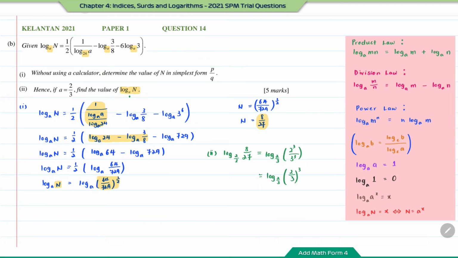Now, using the power law, move the number 3 to the front. So it will become 3 times log base 2 over 3 of 2 over 3. So these parts here will give you the answer of 1. Therefore, 3 times 1 will give you the answer of 3. So that is the answer for number 2.